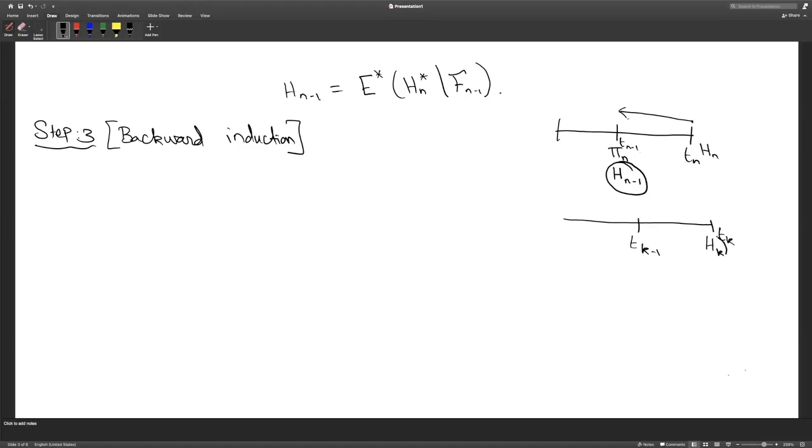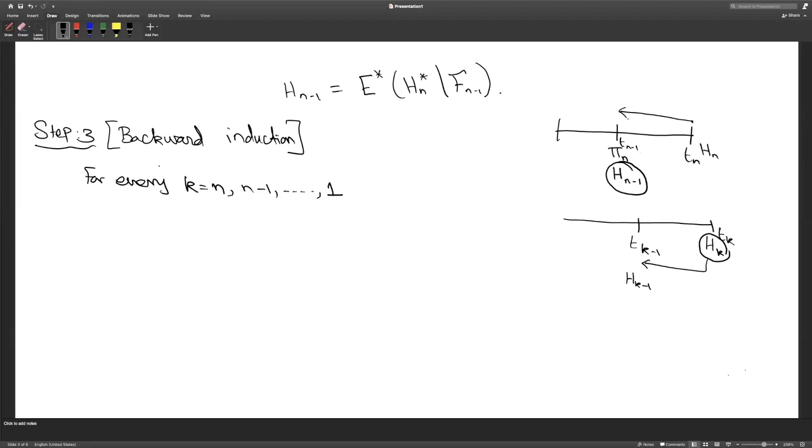So you keep Hk in hand and try to find the value of the option at Tk minus 1, which is denoted by Hk minus 1. The idea is exactly the same. For k equal to n, we have already done n and obtained n minus 1. Now we are just generalizing it to any k.